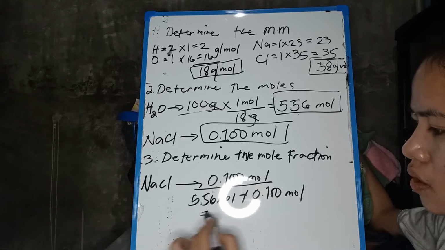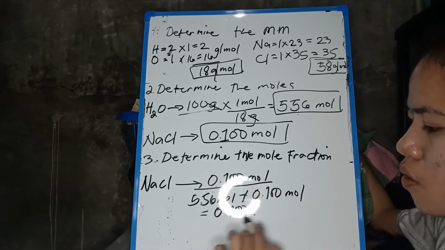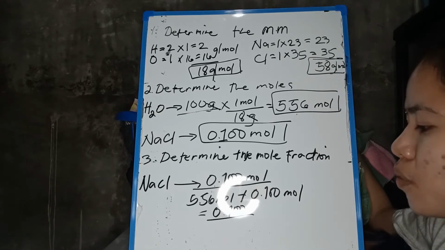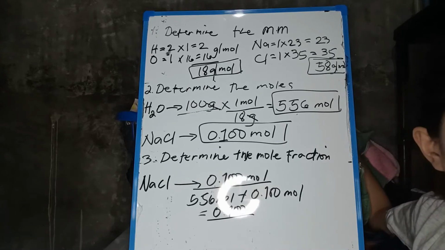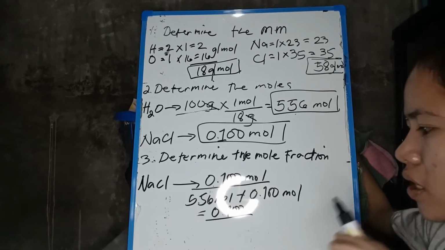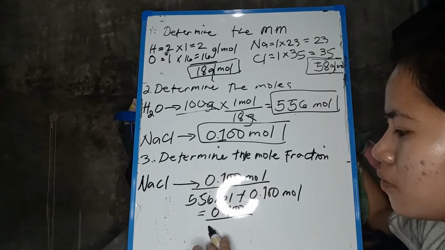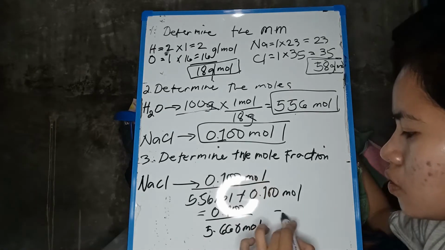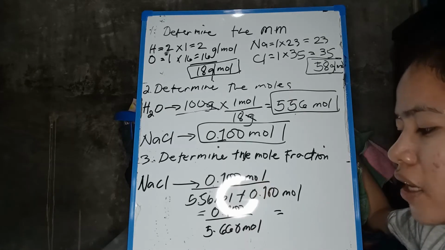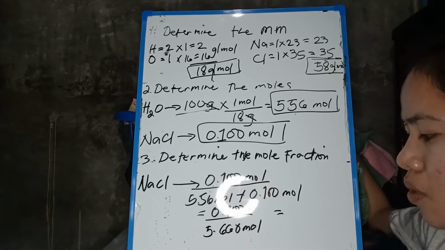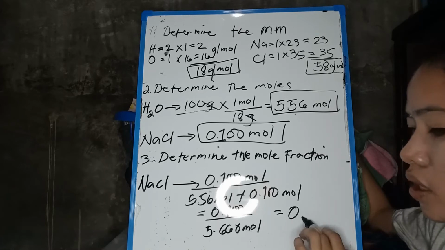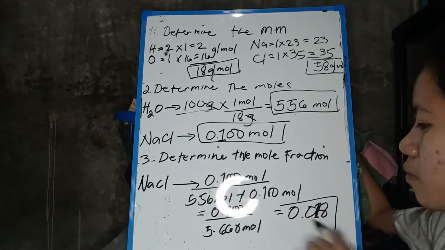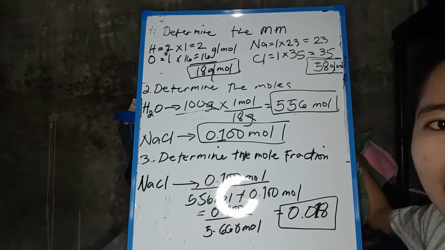So 0.100 mole over, so kung pila ang add sa 5.56 and the 0.100, so 5.56 plus 0.100. So it is equivalent to 5.66 mole. So 0.100 divided to 5.660 mole is equivalent to 0.018. So we have now our mole fraction for NaCl.